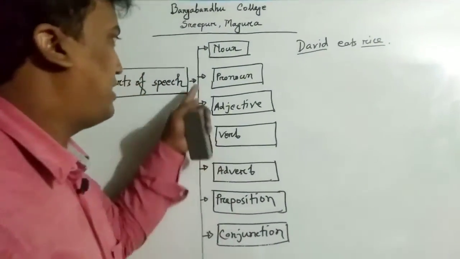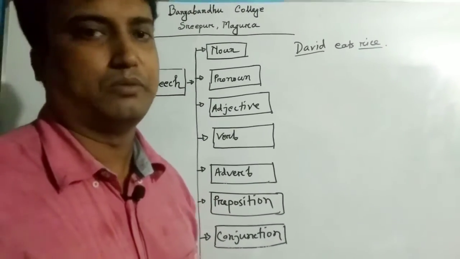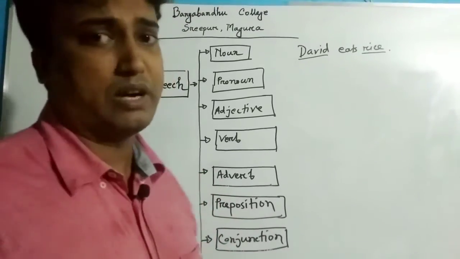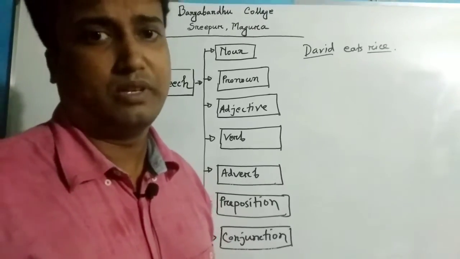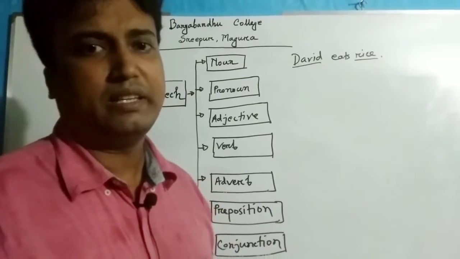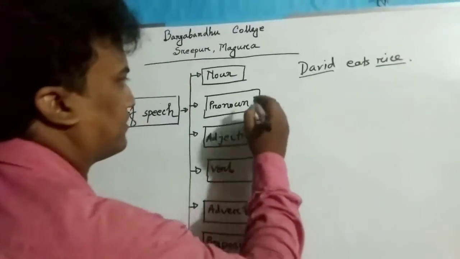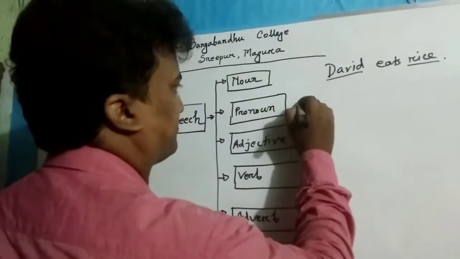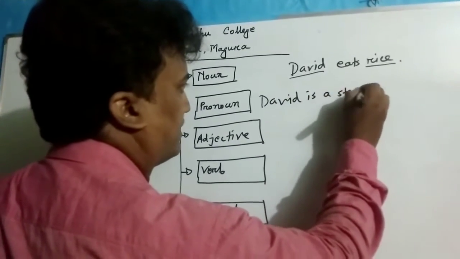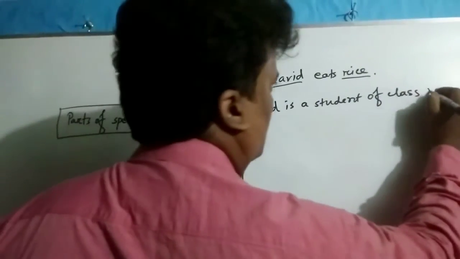So let's discuss pronoun. Pronoun is the alternative word of noun. The word which is used as the alternative word of noun may be called pronoun. It is used to avoid repeating the nouns in a sentence. For example, David is a student of class 12.